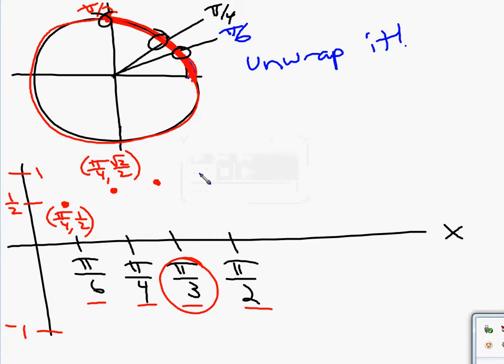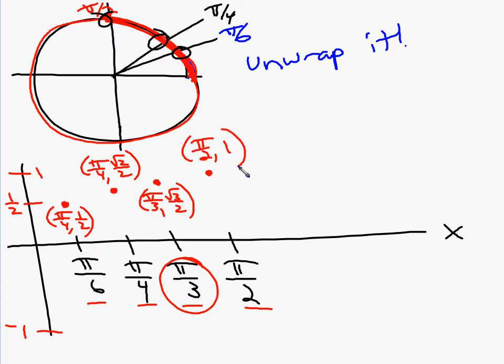When I come to pi thirds, this coordinate is pi thirds, radical 3/2, and we just did the decimal form of that a minute ago and said it was about 0.866. And then we know that the sine of pi halves, that's one of our corners, is 1. This coordinate is pi halves, and that's 1. And somebody caught my mistake over here. This is supposed to be a pi sixth, not a pi fourths.